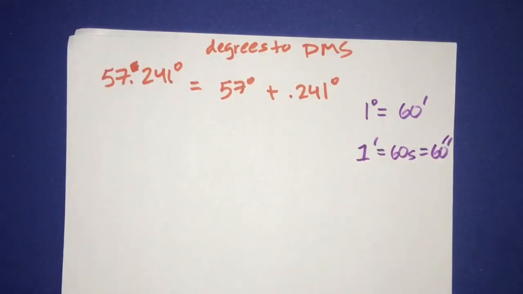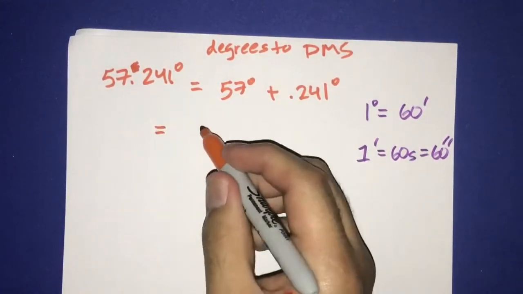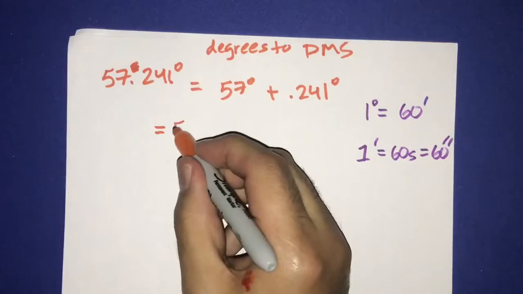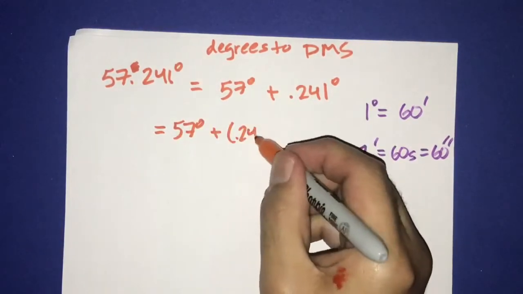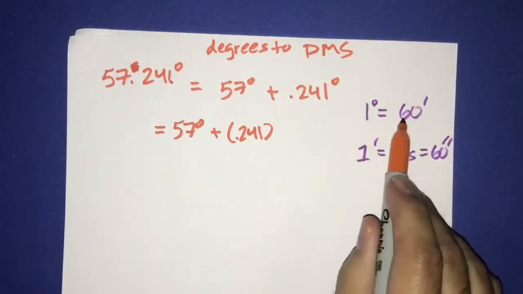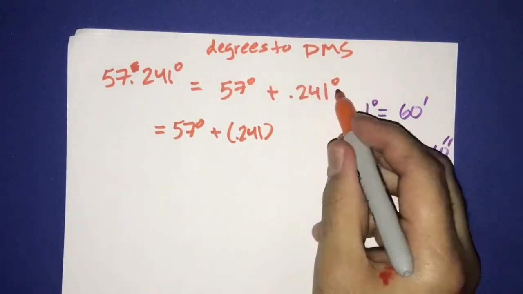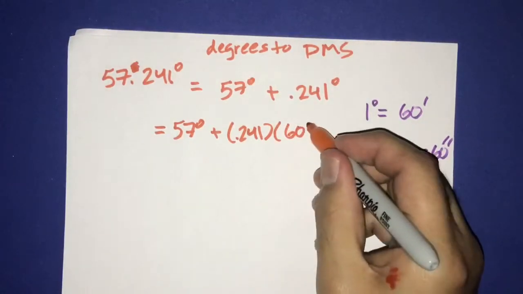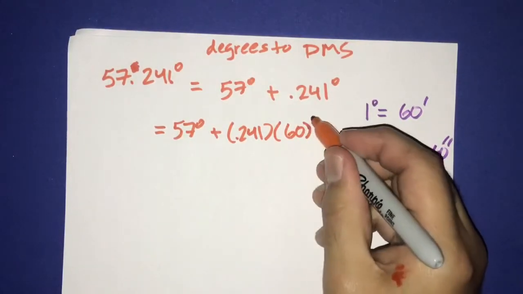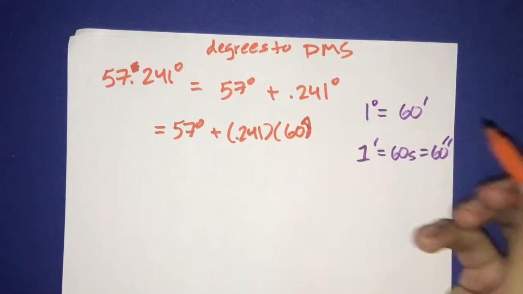Okay, so let's go ahead and plug this stuff in. We get 57 degrees plus 0.241, and we're just going to plug in our conversion. So 1 degree equals 60 minutes. Put the prime in there.